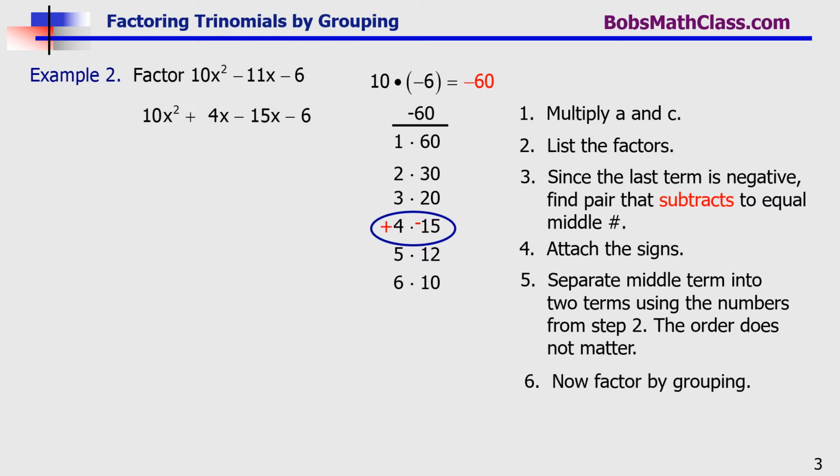Now we can factor by grouping. GCF for the first pair is 2x. GCF for the second pair is negative 3.